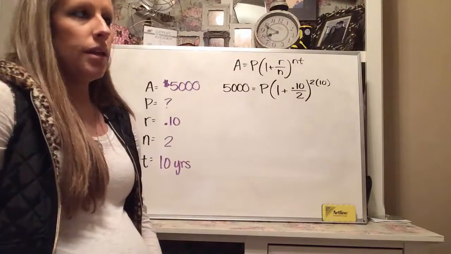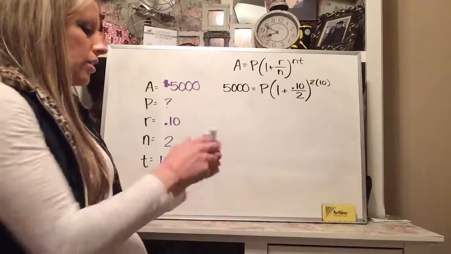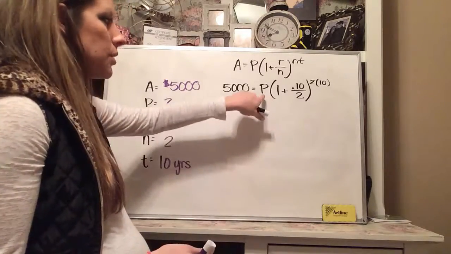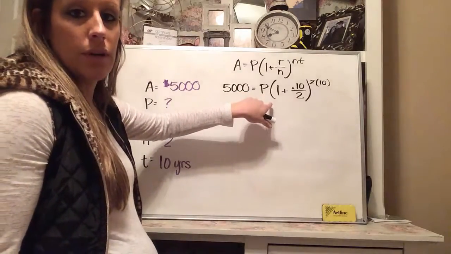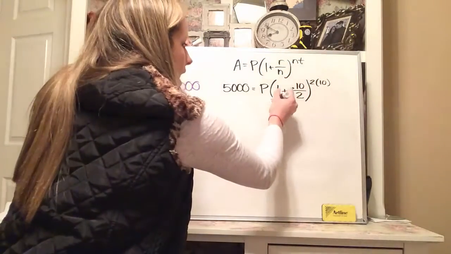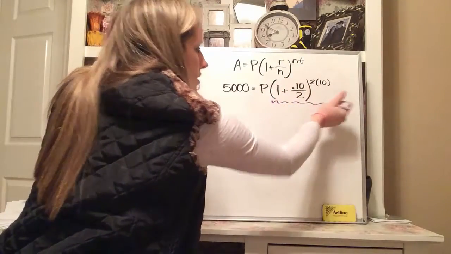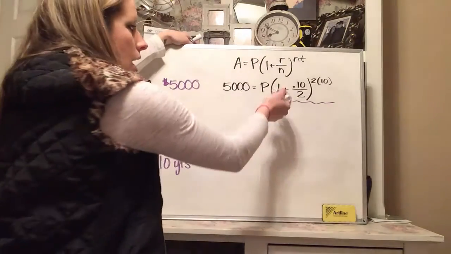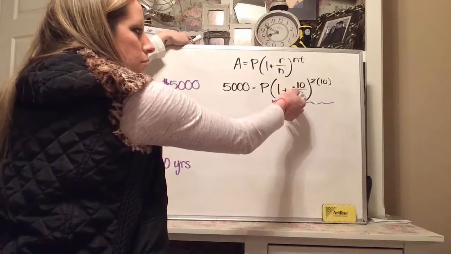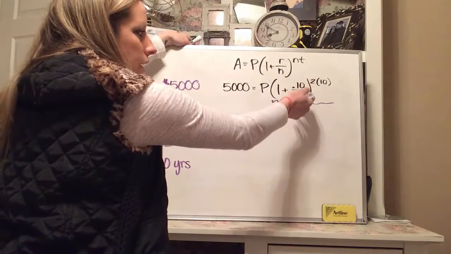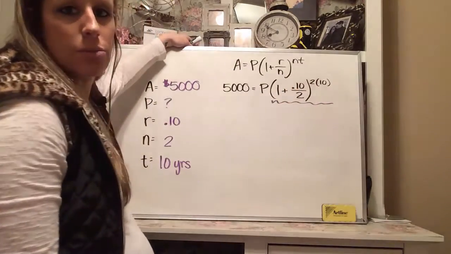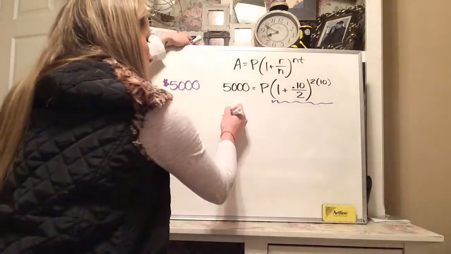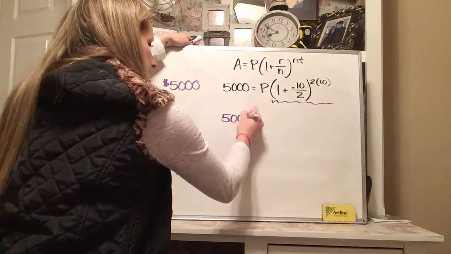Now I'm going to punch in the calculator everything that I can. I can't put in P, that's a variable. We don't know what it is. But I can put the whole rest of this right side of the equation in my calculator: parentheses 1 plus 0.10 divided by 2, to the 2 times 10. So go ahead and punch that in.